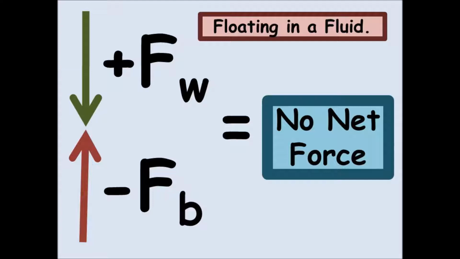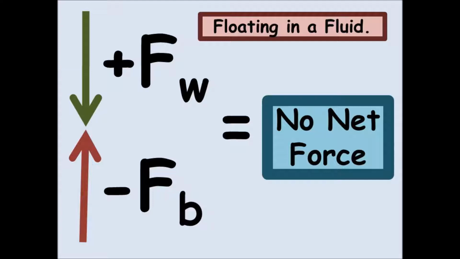Now, if something is floating, the brick was not floating. Don't be confused. The brick was not floating. But if something is floating, there's no net force. The weight of the object is going to be positive. I'm going to be asking you on quizzes what was the weight, and it has to be listed as positive. The buoyant force is going to be negative. That's the standard we will use.